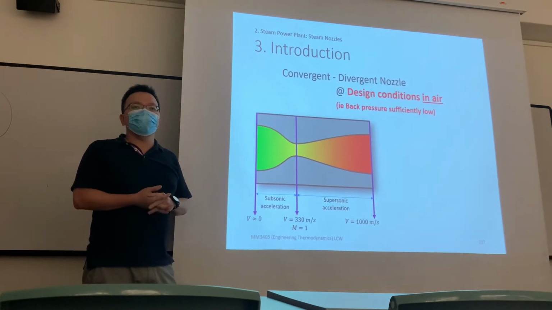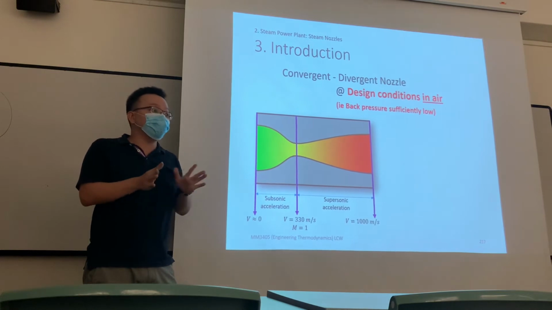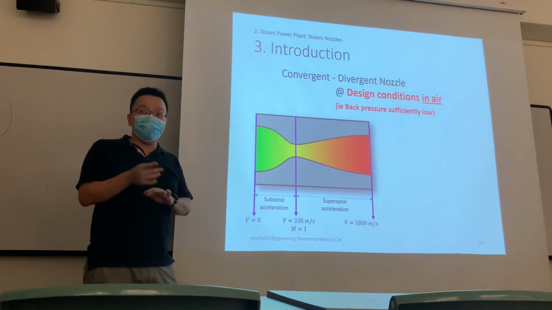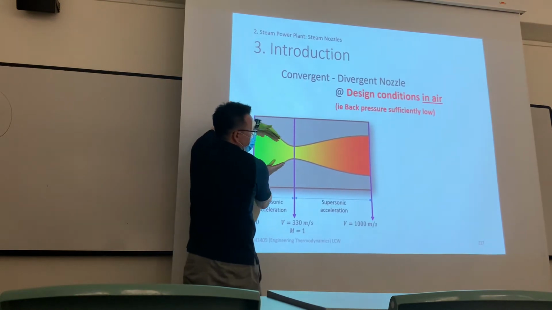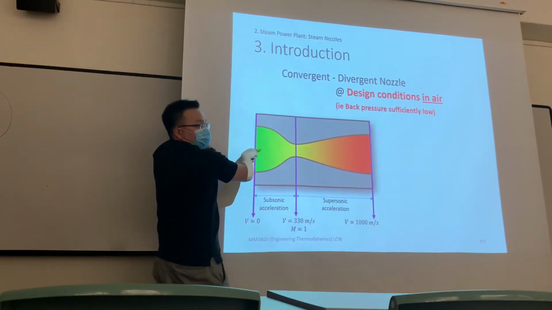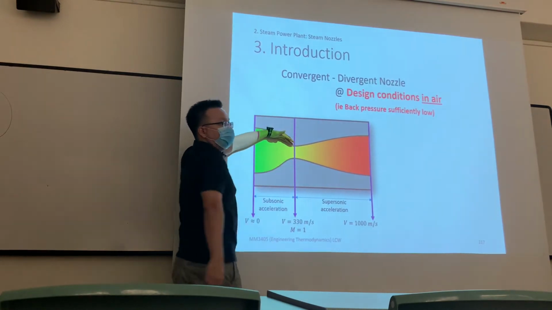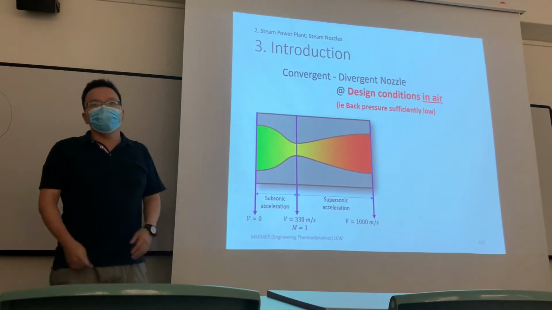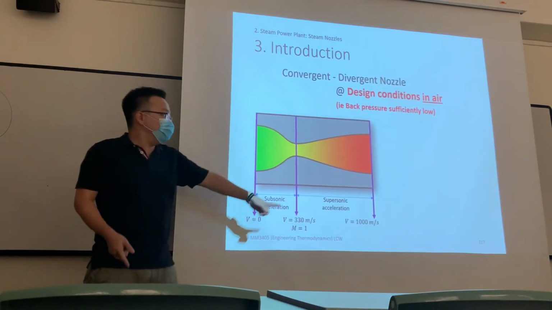Can or cannot, you think? Do you understand my question? I'm saying, if you don't have this part and you just have the convergent part, you put in a slow speed, can you accelerate it until it becomes above Mach 1? No. Obviously not. Because if you could, why would you need the back part?